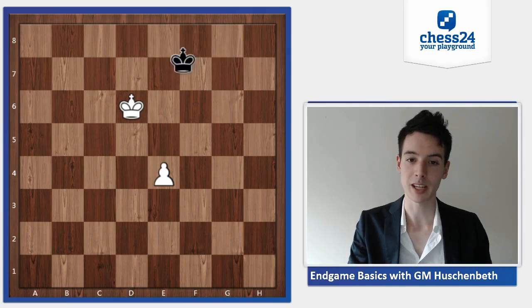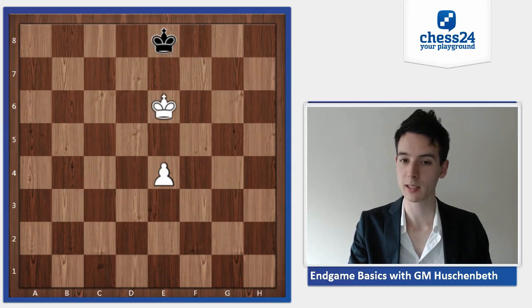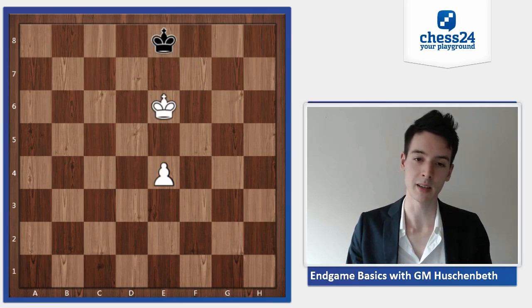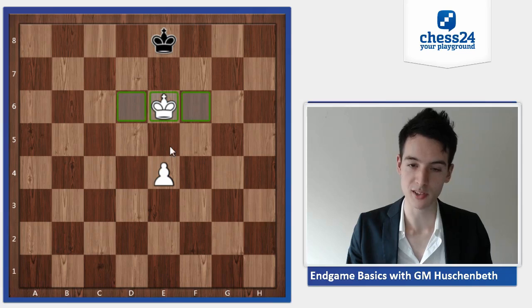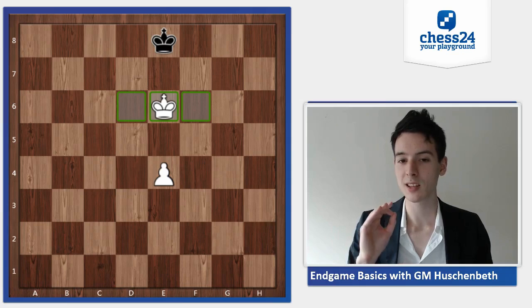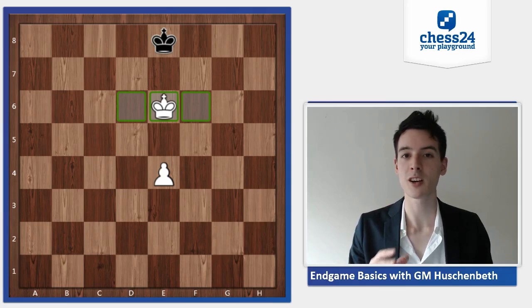So black can try king e8, now king e6. And this is another important thing. If the king reaches one of these three squares and the pawn is still behind the king, it is always winning for white. And it doesn't matter if black is having the opposition in this case or not. So, these squares where white is always winning are called the key squares.